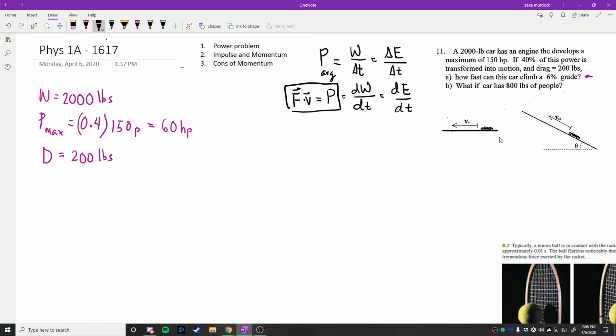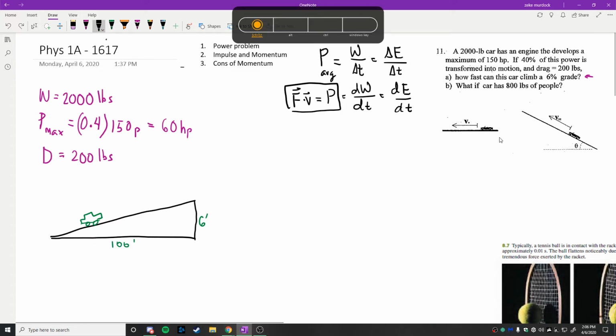Does anyone know what a 6% grade means? Yeah, that's exactly right. So if this is 6 feet, for example, this would be 100 feet, which means you can find this angle right here, phi.